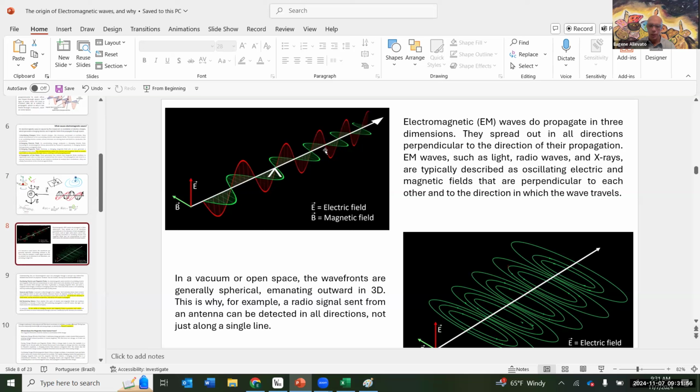This is just a visualization to demonstrate that both electric and magnetic field have to be present, and they are perpendicular to each other. But actually, the wave is 3D, and moves outwards in a 3D fashion.